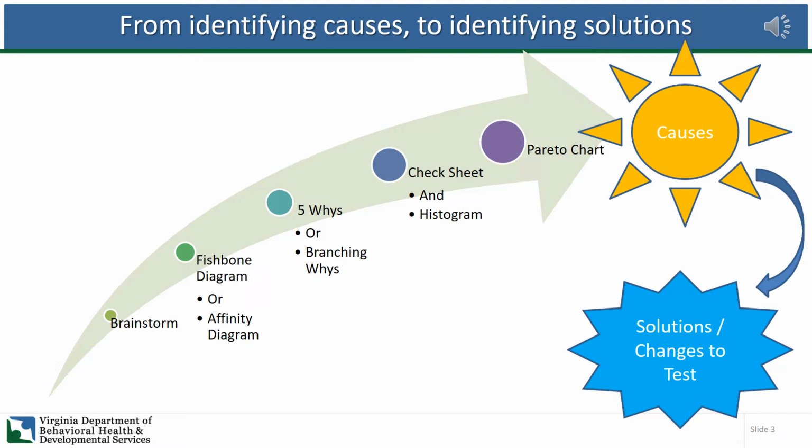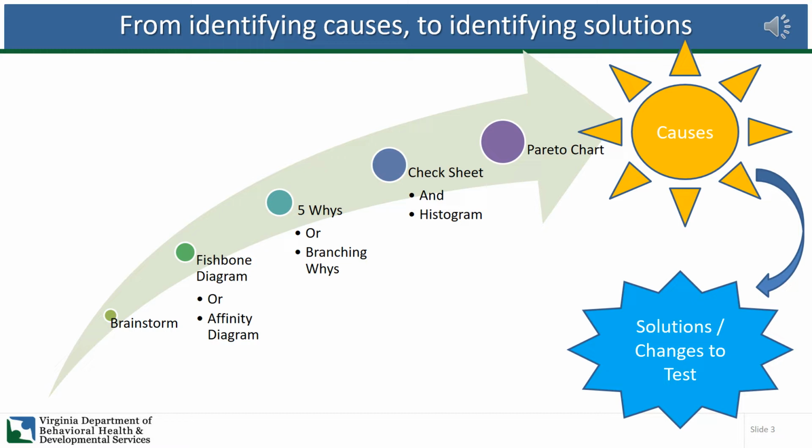Throughout this series, we have worked to identify and describe a number of root cause analysis techniques and strategies. We began with brainstorming and then moved on to how to use the ideas from brainstorming to organize your ideas into affinity diagrams and fishbone diagrams.